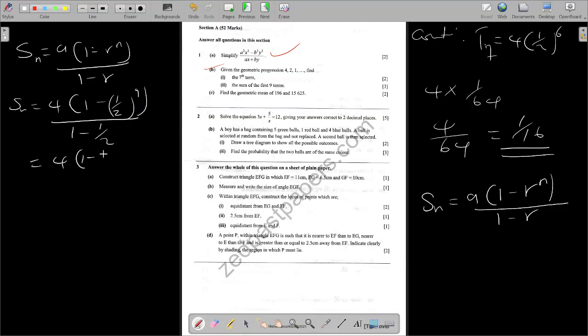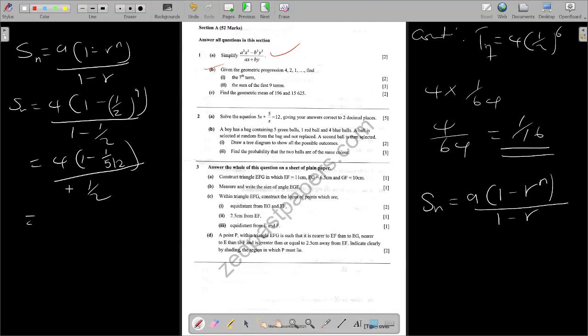So this will be 1 over 512, divided by 1 over 2. When you subtract 1 minus 1 over 2, the answer we get is 1 over 2.